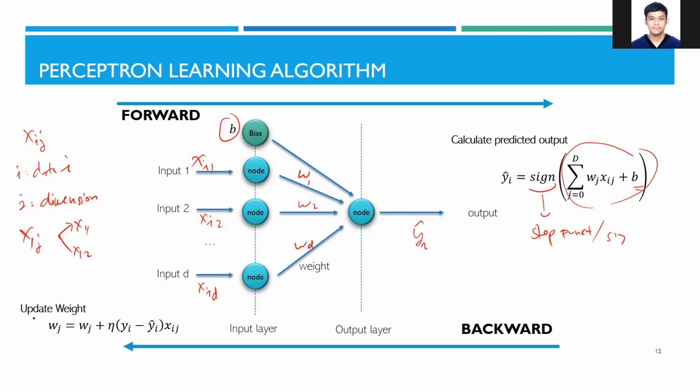Then to update the weights, we only use this simple equation. After we get the predicted output, we substitute it into this equation so we can update each weight. Very simple: the new weight equals the old weight plus eta, the learning rate.